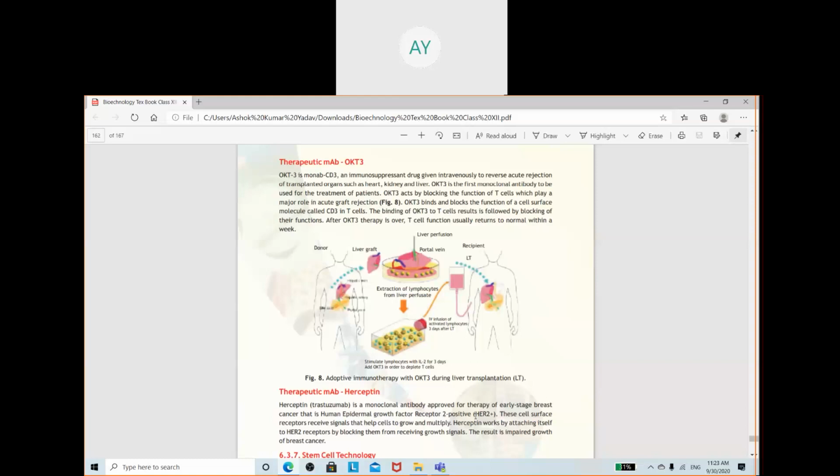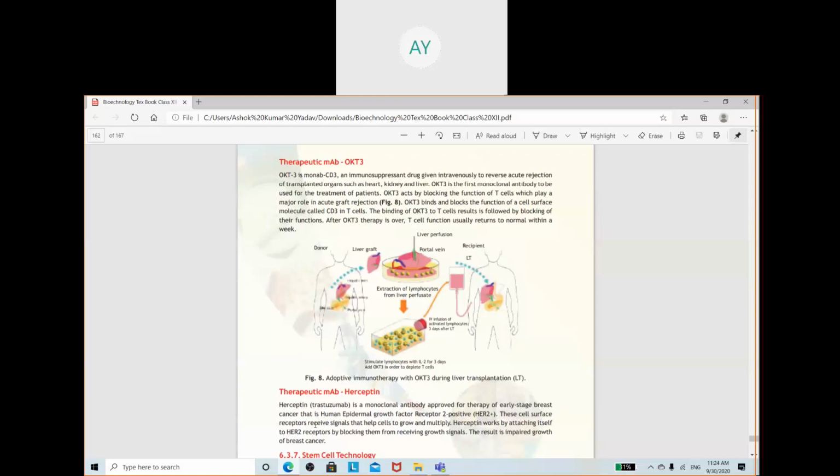When this monoclonal antibody joins with the cell surface receptor, it will stop the rapid multiplication of the cells present in the breast of any lady suffering from breast cancer.